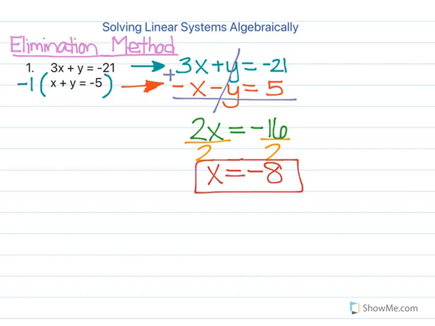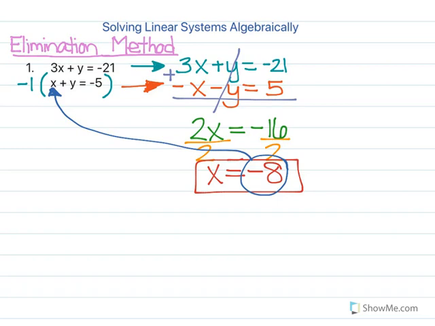Now we have to find our y. So it's up to you to determine which equation you think would be easier to work with. I think I'm going to choose the bottom equation, and here's where I use substitution to find my other variable. I'm going to take this negative 8 and I'm going to substitute it in for x in one of the equations to find my y.